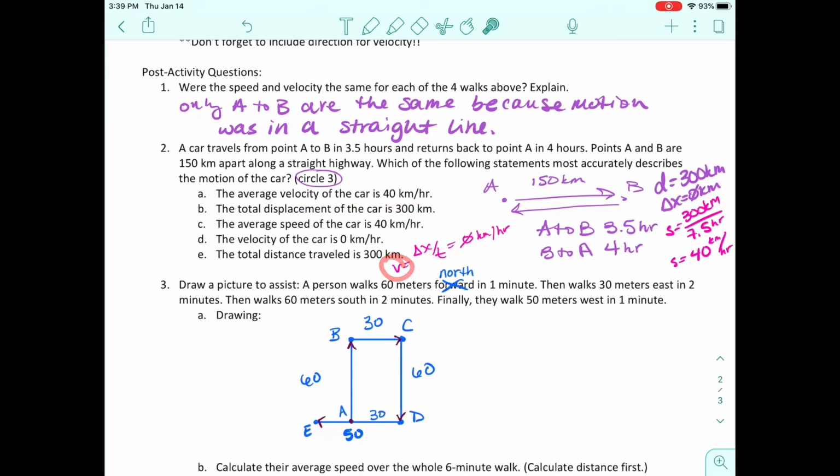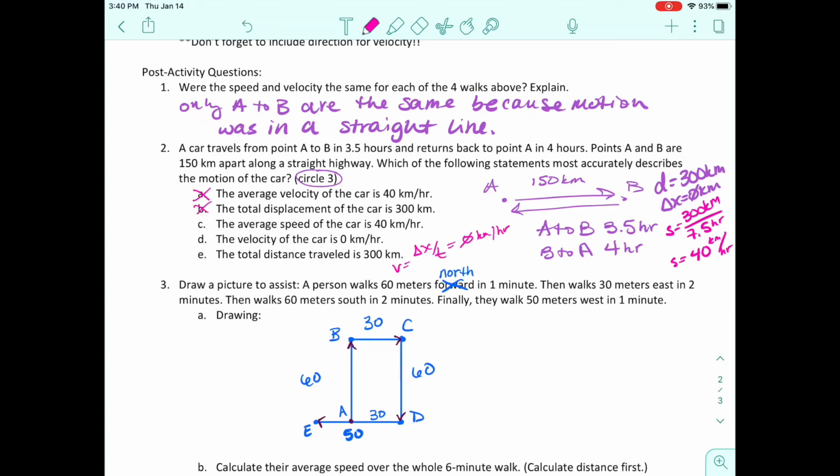The velocity of the car is 0 kilometers per hour. So that one cannot be true. B says that the total displacement of the car is 300 kilometers. The displacement of the car, we said, was 0 kilometers. So B cannot be true.